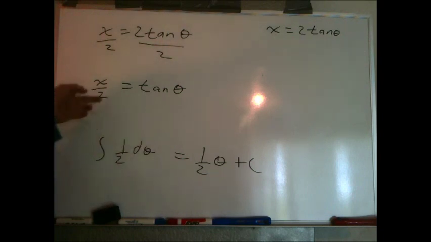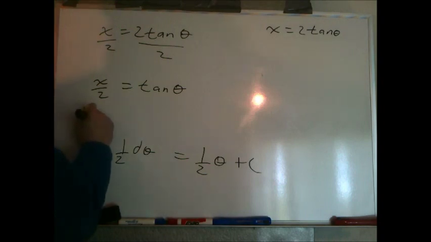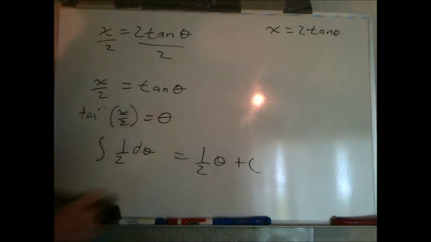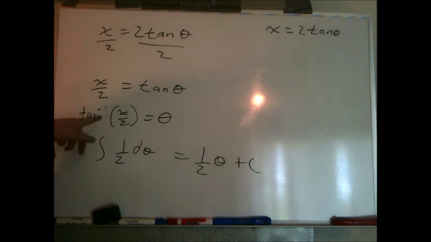And that'll get us back to having this in terms of x, the inverse tangent, take the inverse tangent of both sides. So theta is going to be exactly the inverse tangent of x over 2.